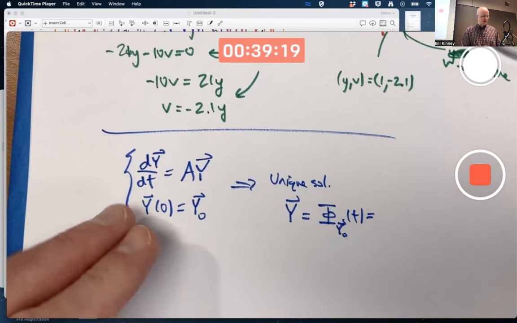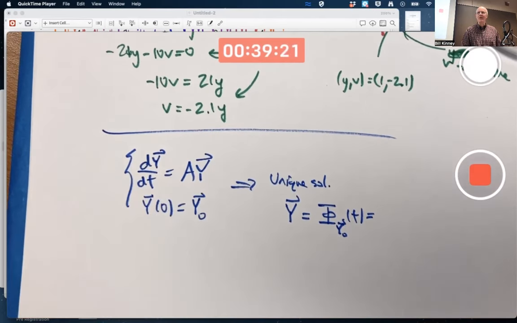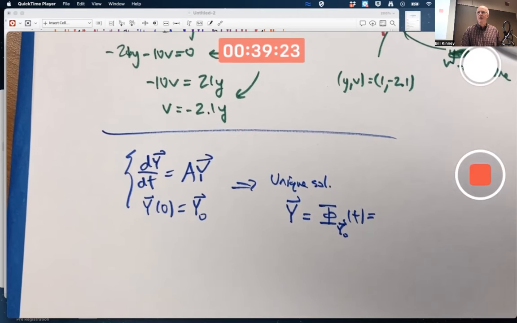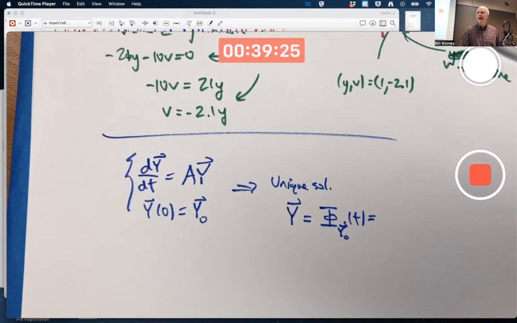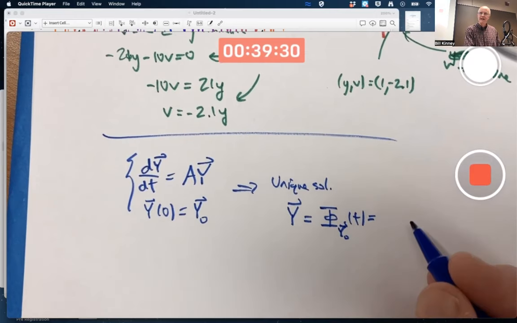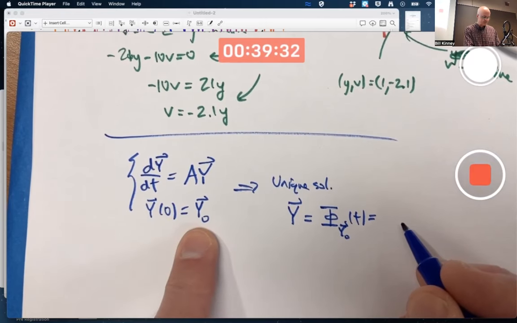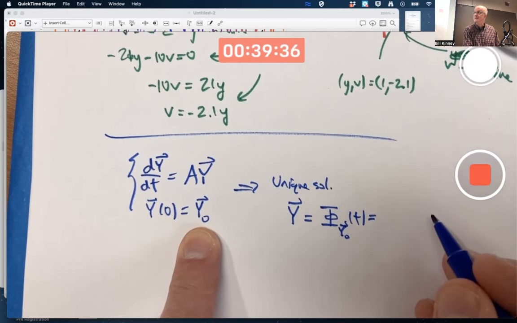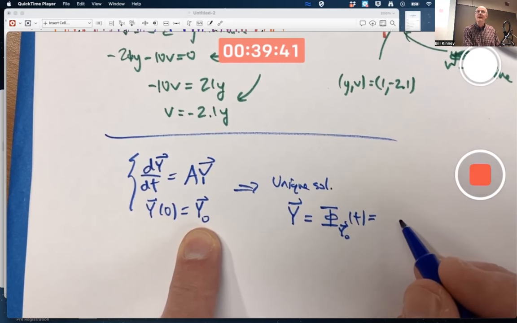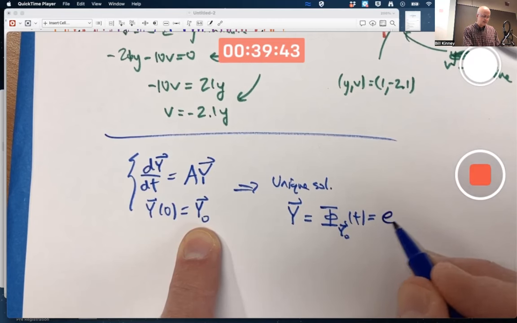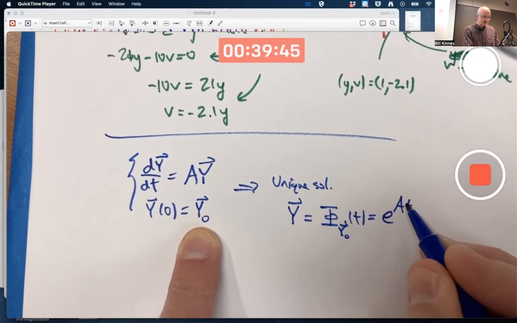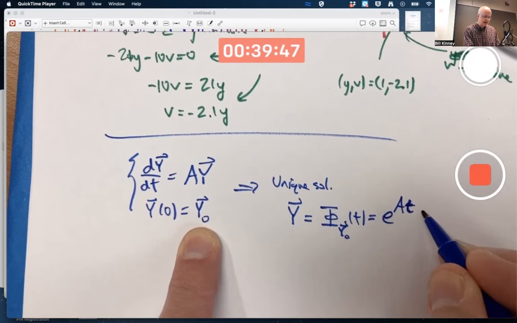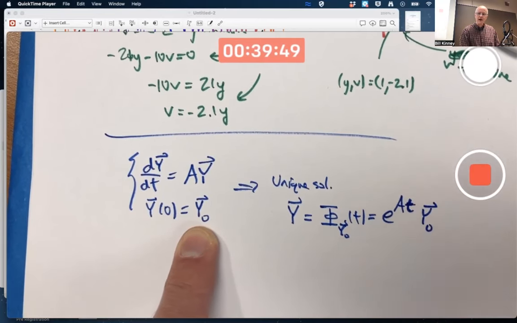If you pretended all these quantities, the y, the a, were all scalars, what did we see even back like the first week of class? We saw this was like the initial condition times e to the at. It's the same thing here in the matrix vector situation, except I'm going to put the e to the at first. E to the at times y naught, the initial condition.